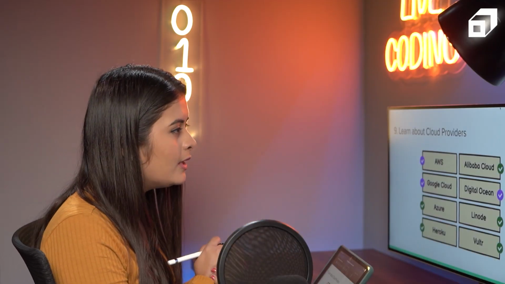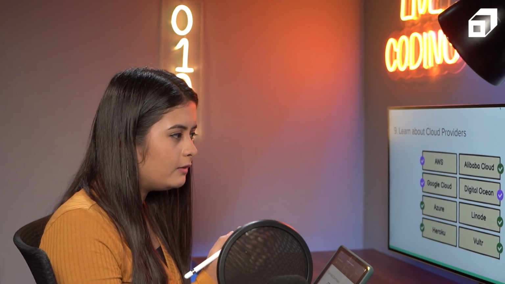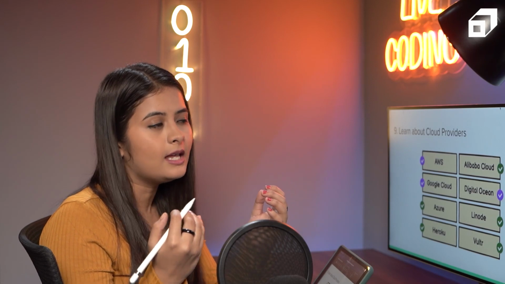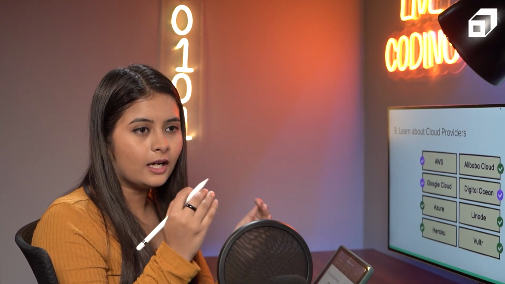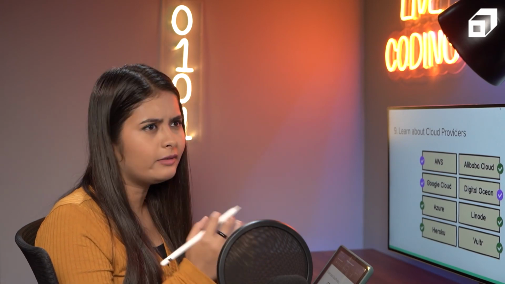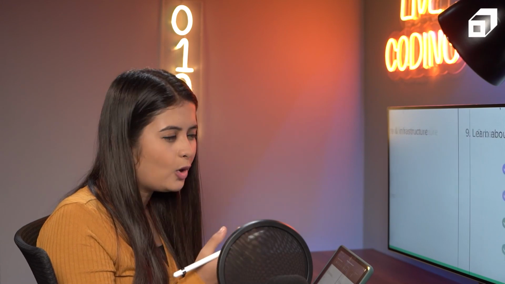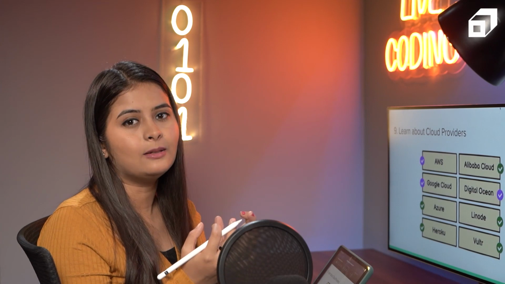And let me tell you, there is no quick 20-day or 30-day roadmap in which you can learn all these things. If you just watch these 9 steps, it will look very easy, but trust me, when you deep dive into these things, like networking concepts or learning the programming language, it will take some time, okay?